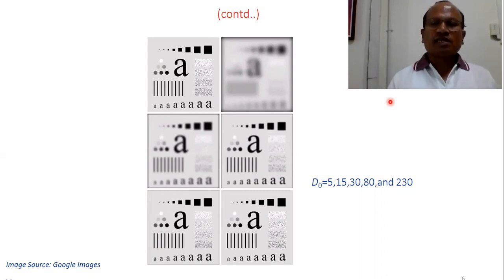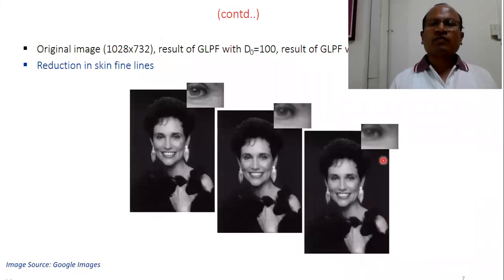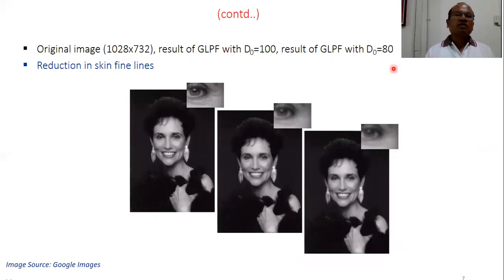So when we change the cutoff distance, more and more information is passed and the signal can be seen here in the output. Next, there is one image where the original image is of size 1028 cross 732.